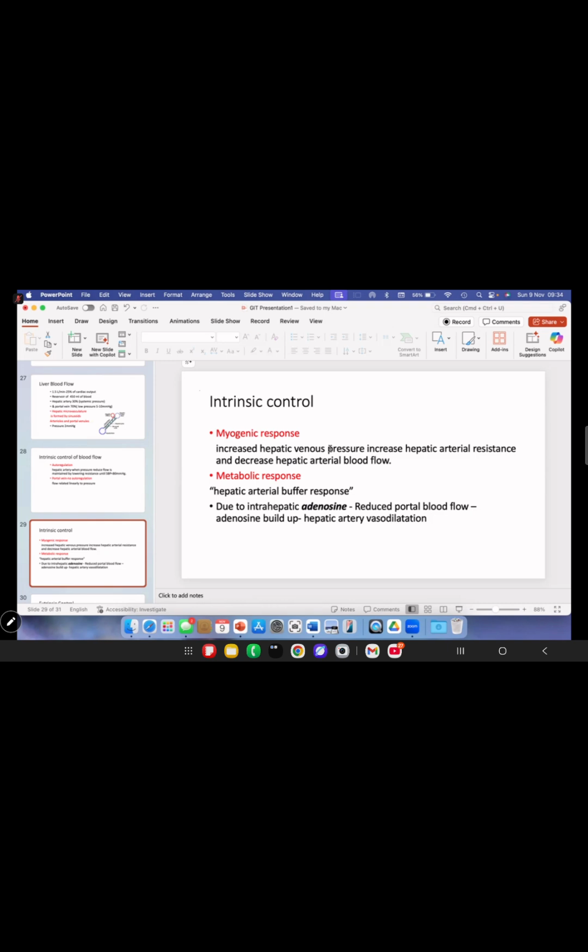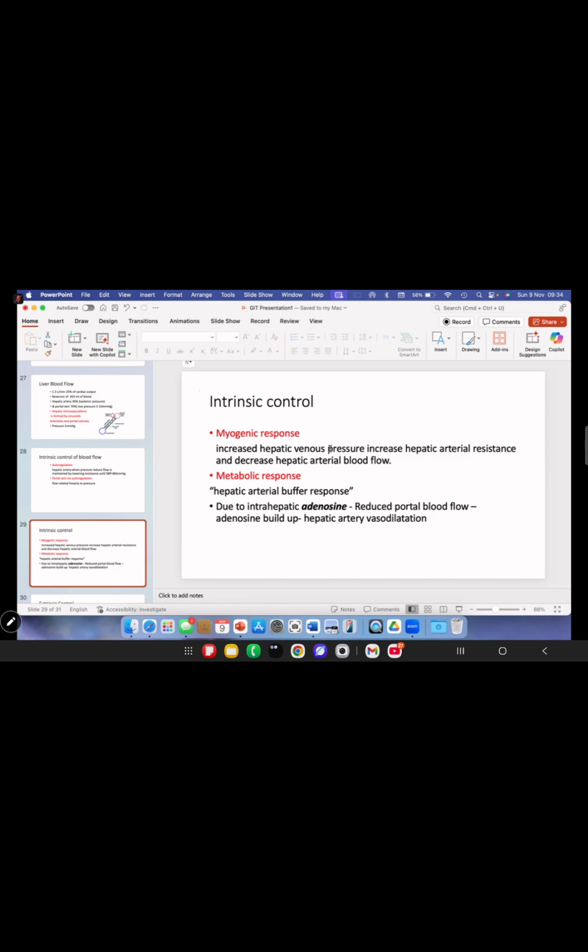So what happens is that if you're not getting good supply from the portal blood in a fasting state, then adenosine will be accumulated, and as a result it will increase the diameter of the hepatic artery, and blood supply of the hepatic artery will be higher.